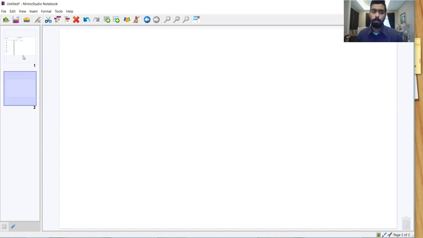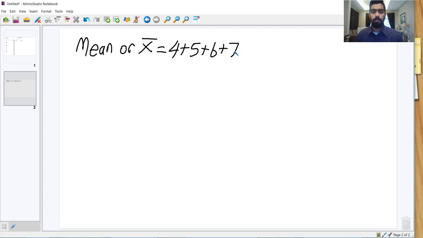Let me go to a new page. The marks are 4, 5, 6, 7, 8. The mean would be 4 plus 5 plus 6 plus 7 plus 8, that is the sum of the values, divided by the number of values.